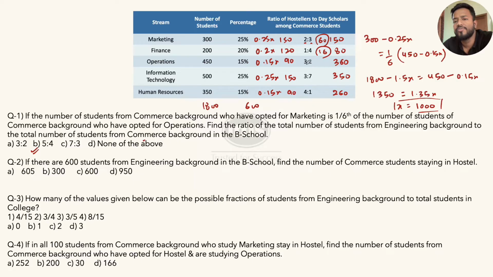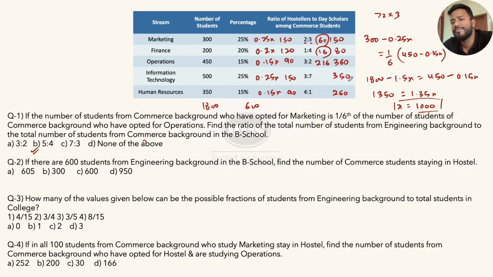Next is 3 is to 2, so instead of 5 we have 360, so 72 times. So 72 into 3 is 216. Next, 3 is to 7, that is 10.